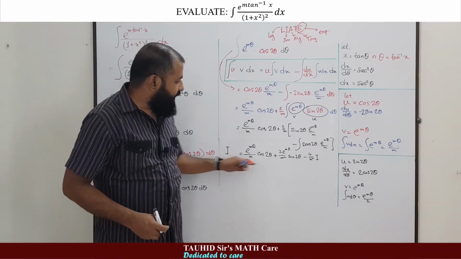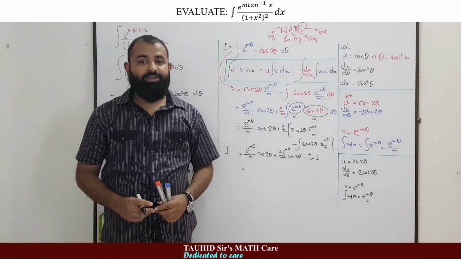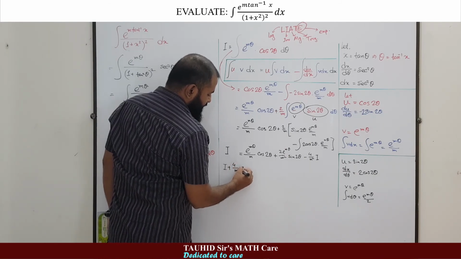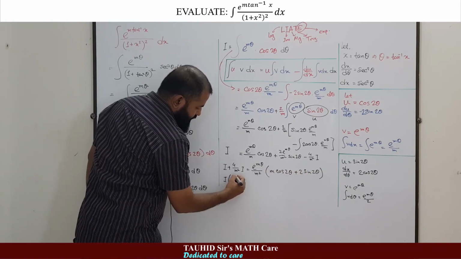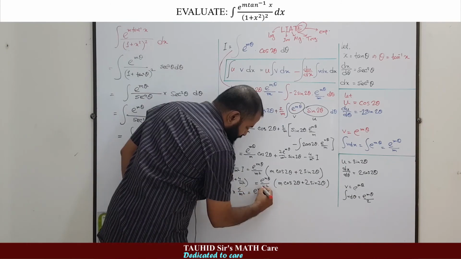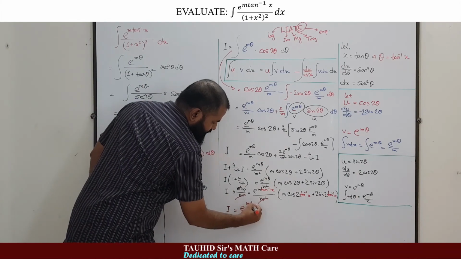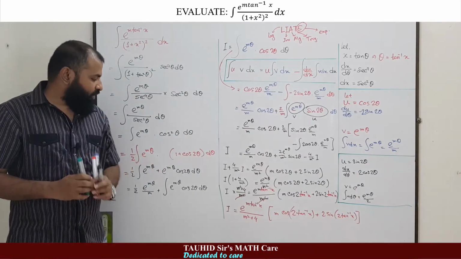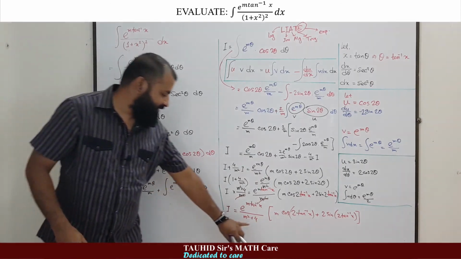You can see that I equals this, if I have considered this to be I, an integral. From here I can write I plus 4 by m square I equals, we have found the value of e to the power m theta cos 2 theta d theta, and this value is this.